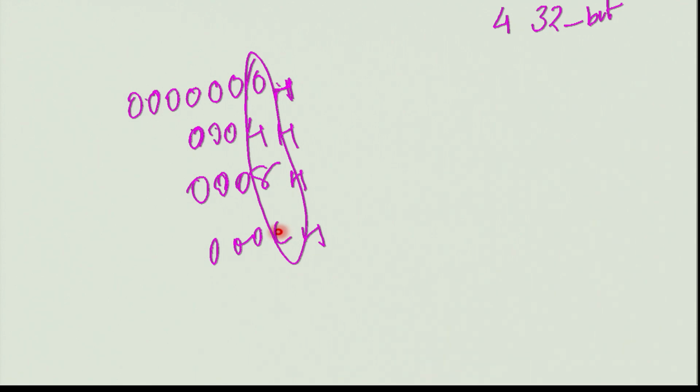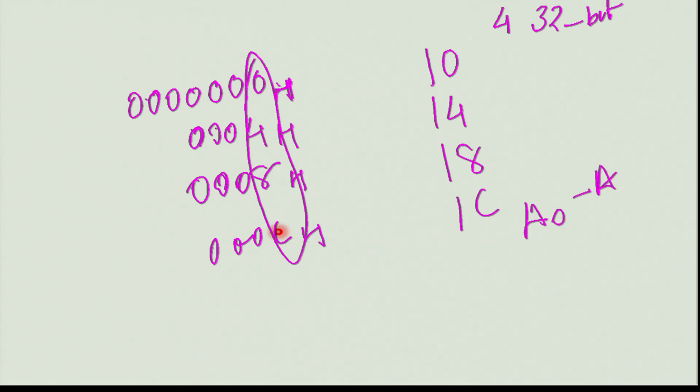The next burst similarly will be from address 10 onwards. Then it means that 10, 14, 18 and 1C are going to be involved in this burst transfer. Since only address lines A0 to A3 need to be varied in this particular case, the memory is also aware that only A0 to A3 is going to change.